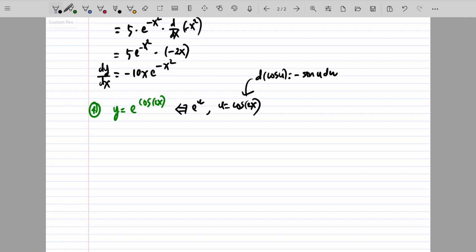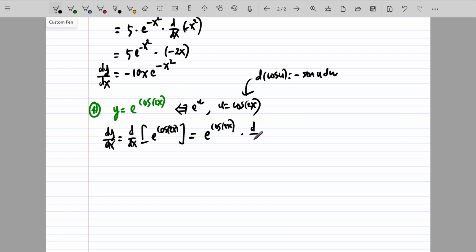Okay? So now, yung ating dy dx or the derivative with respect to x ng quantity e raised to cosine of 2x is, ayan. So, di ba, derivative ng e raised to u is copy yung e raised to u, which is e raised to cosine 2x, and then derivative ng u.